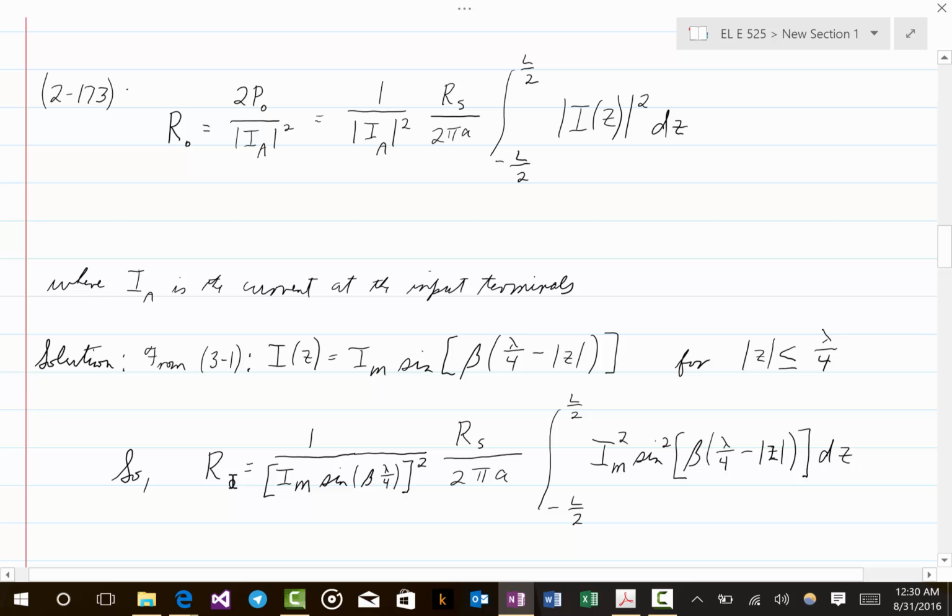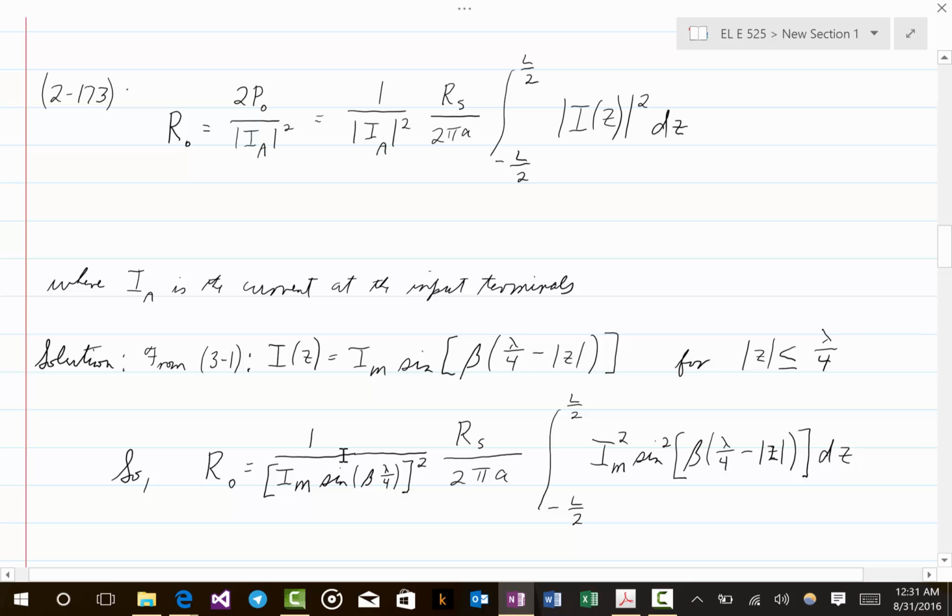So R0 is equal to, first let's handle this term, 1 over IA squared. Now IA is the current at the input terminals. Well, at the input terminals, z is equal to 0, so we need to evaluate this current at z equals 0, and we'll get Im times the sine of beta times lambda over 4 minus absolute value of 0, which of course is 0.